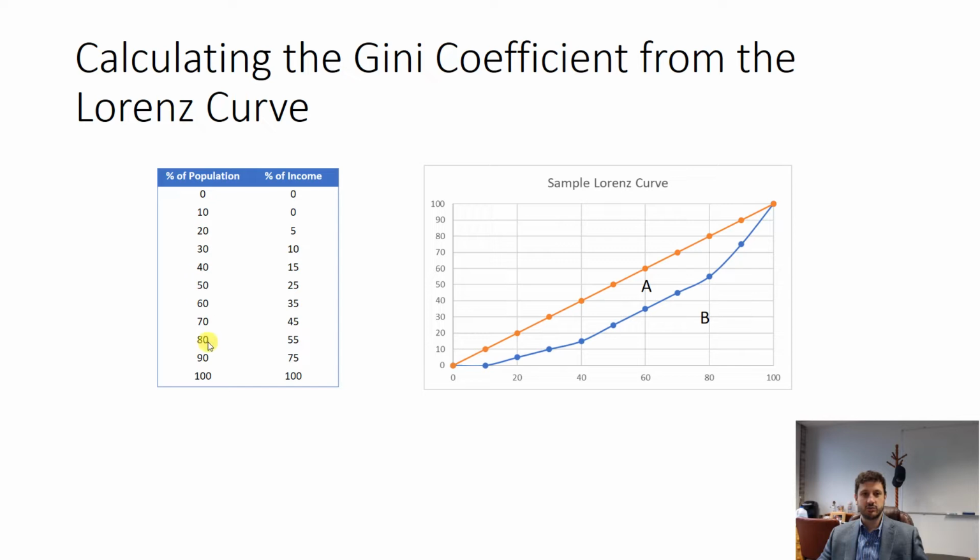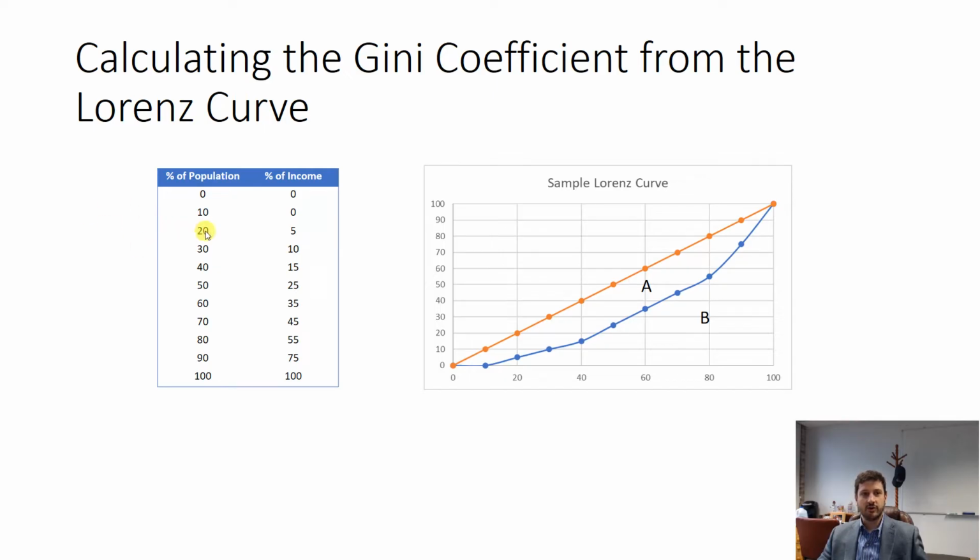So the population is broken into deciles, or 10% each. And then we have the percent of cumulative income that each decile gets. So obviously we start at 0, 0. And then in this example, like one of the examples in the book, the bottom 10% of the population doesn't have any income. We can assume that they are unemployed and that what we're measuring here is market income instead of disposable income.